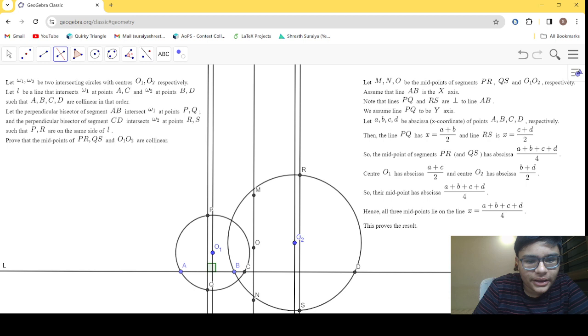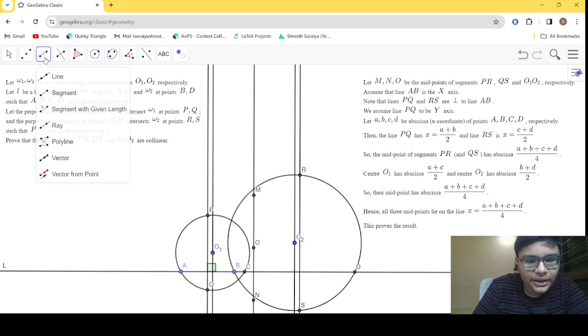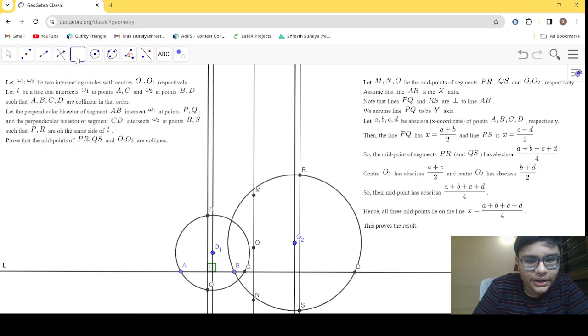You can also think of this using the midpoint theorem or using midlines of trapeziums. So if you consider the quadrilateral PQRS, wait, I'll just draw that for you. So PQSR is actually a trapezium, right? And MN is actually the midline of this trapezium.